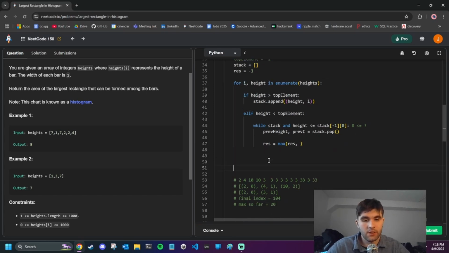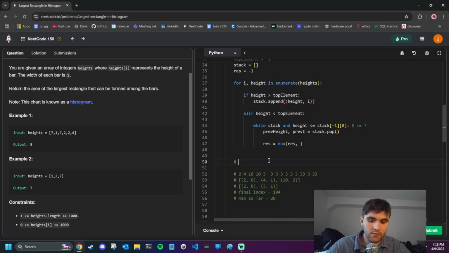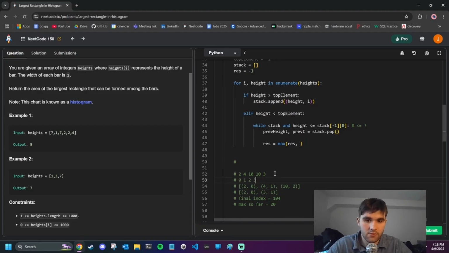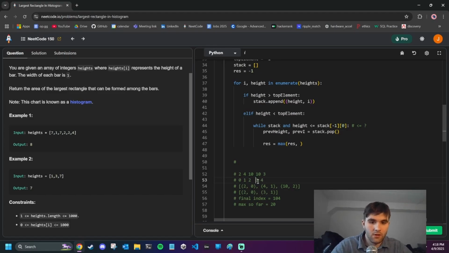So if we have like 2, 0, or let's say we have, this example is good. So if I index this 0, 1, 2, 3, 4. So we decrease at index 4.